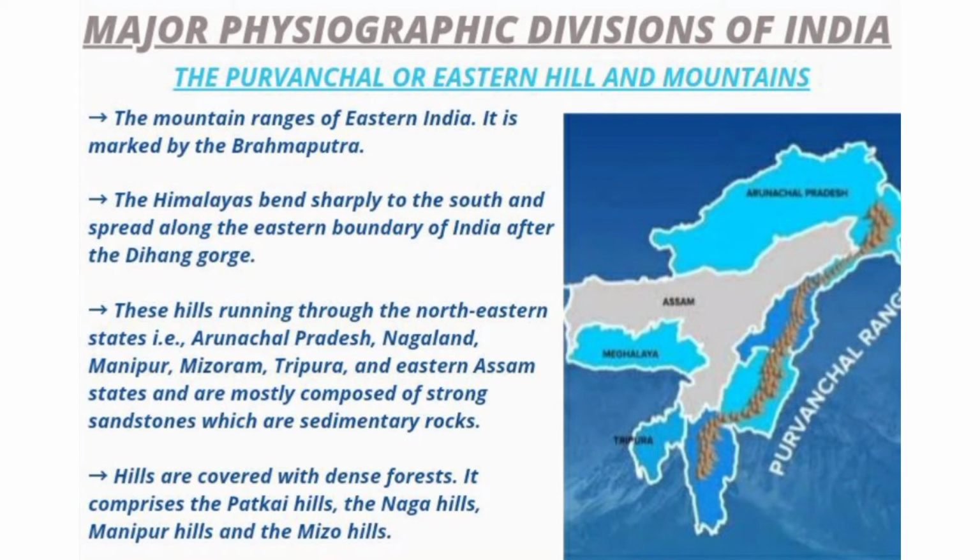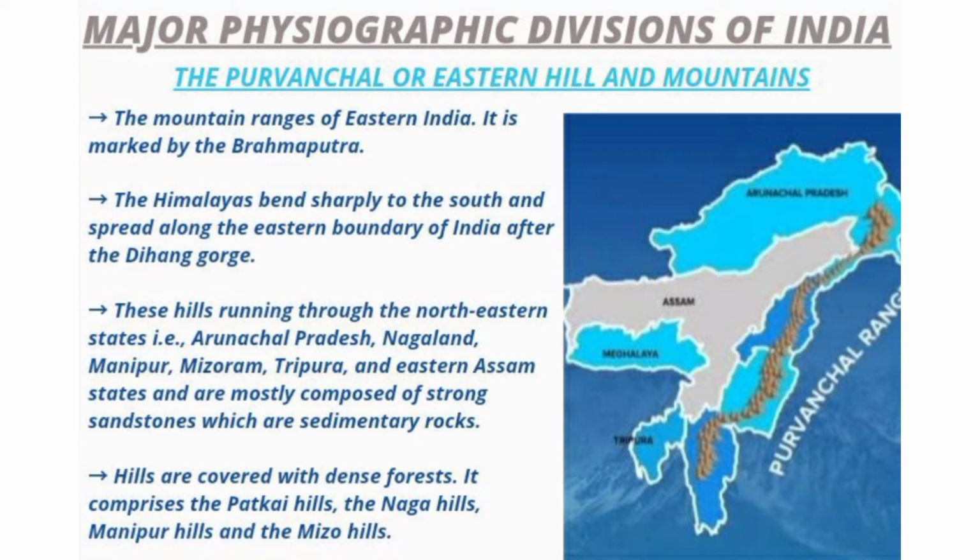Now we will discuss the Purvanchal or eastern hills and mountains. The mountain range of eastern India, it is marked by Brahmaputra. The Himalayas bend sharply to the south and spread along the eastern boundaries of India after Dihang Gorge.